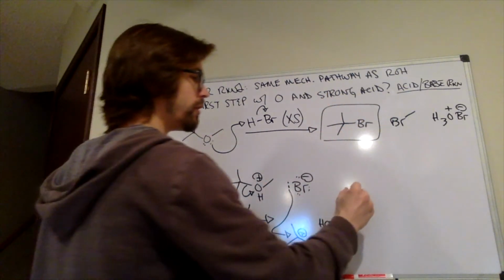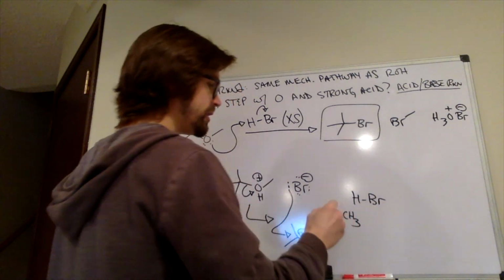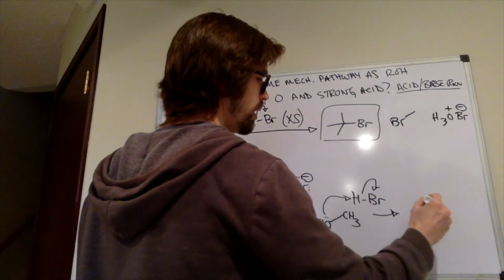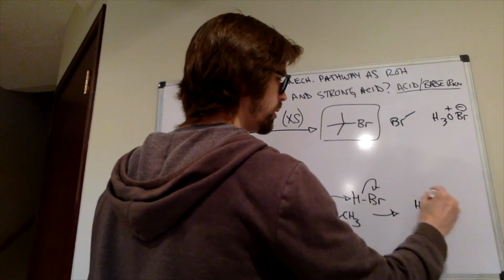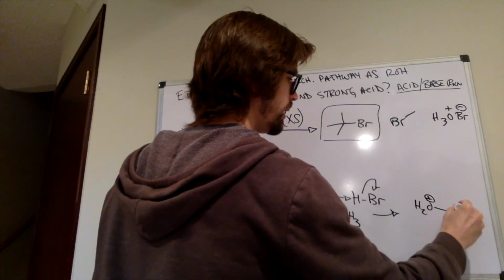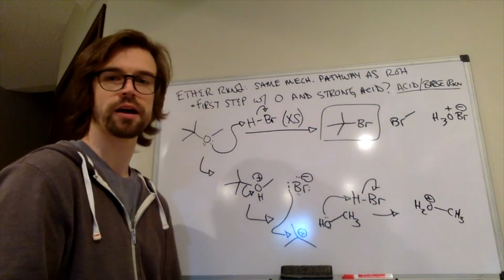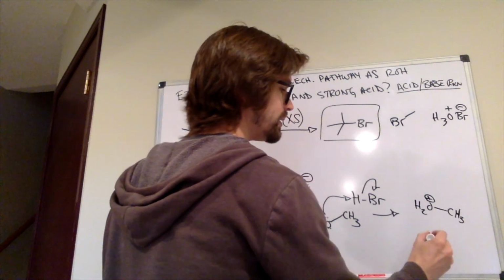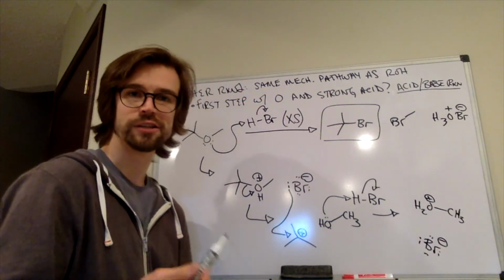We have more HBr around. That HBr reacts the same way that we saw in the last mechanism. We form our good leaving group. We don't have the ability to form that carbocation, so in this case, it has to react in that slow SN2 type mechanism.